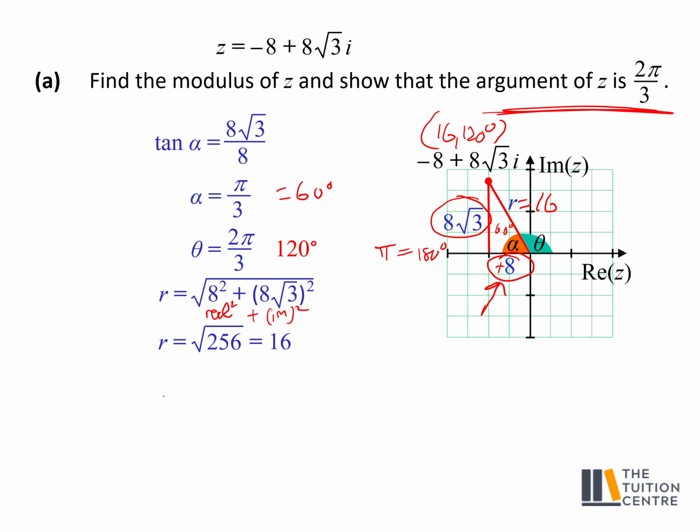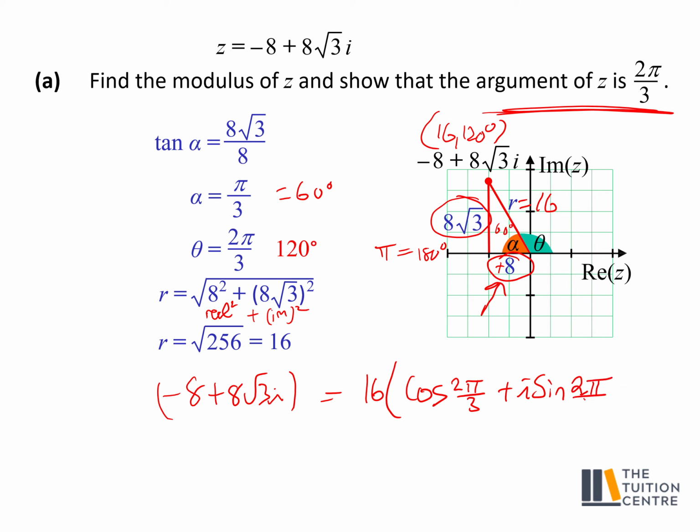Or you can say, in polar form, minus 8 plus 8 root 3i is equal to, and this is the way we write it in complex numbers, r, which is 16, times cos of the argument, cos of 2 pi over 3, plus i sine of the argument, 2 pi over 3. And in degrees, that would be 16 times cos 120 plus i sine 120. Okay, so there we go. That's our connection between rectangular form and polar form.